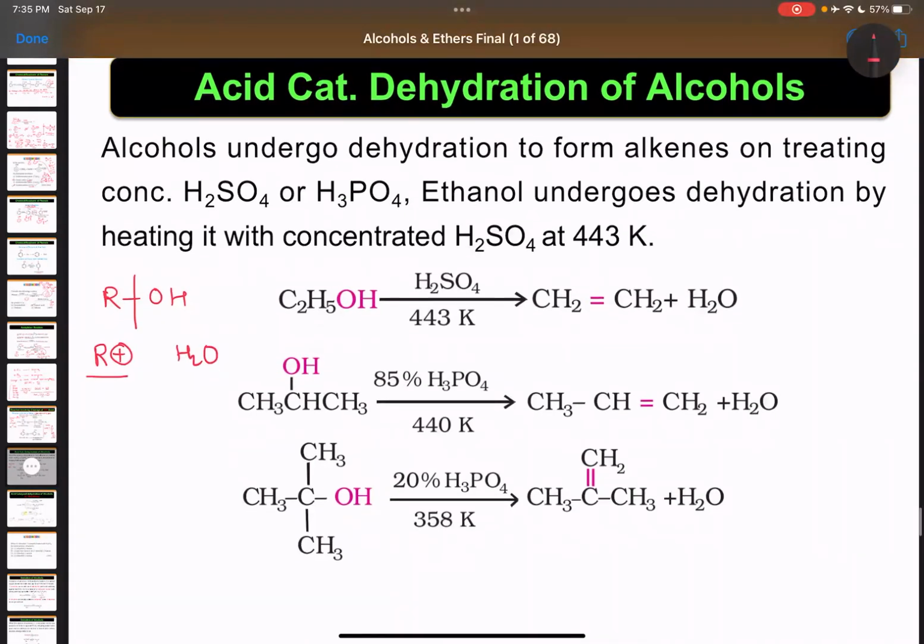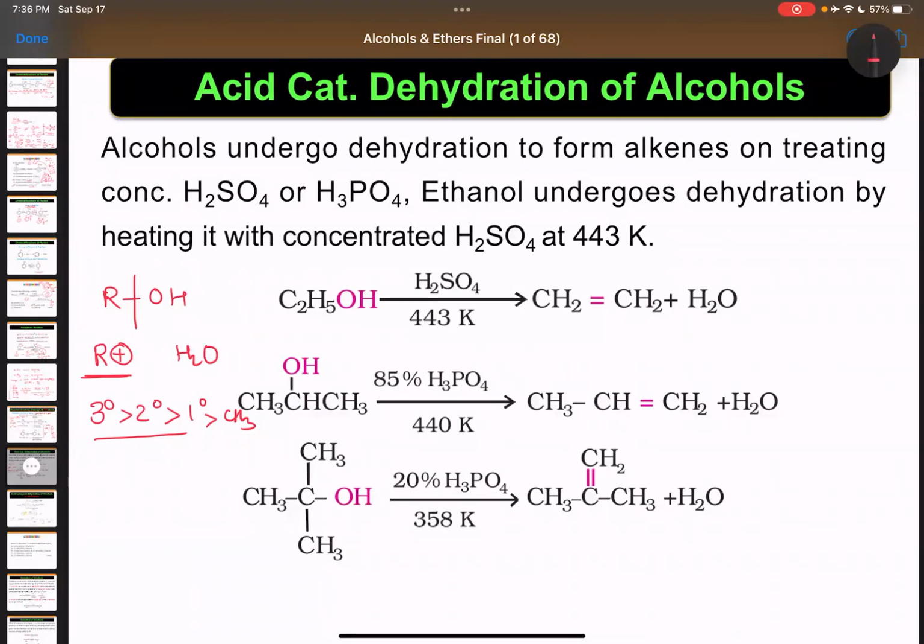So the rate is directly proportional to the stability of the carbocation. Clear? So tertiary, secondary, primary, and methyl. Is this clear? Yes, sir.